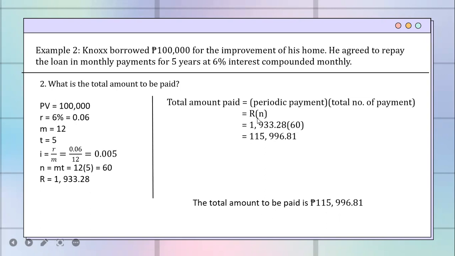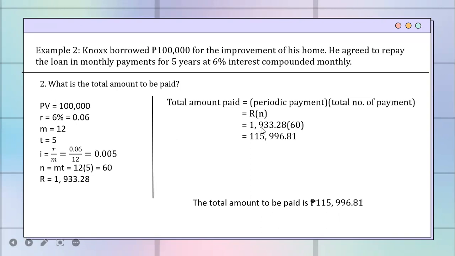So R times N. Our big letter R is 1,933.28, so we'll be substituting it here. And our N, as you can see, there we have N in our terms. So our N is 60, and now we will be substituting it here in our formula.